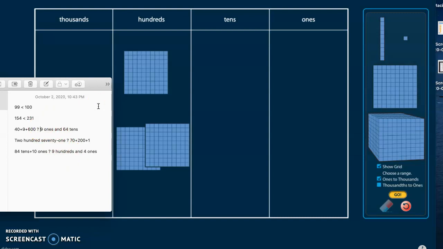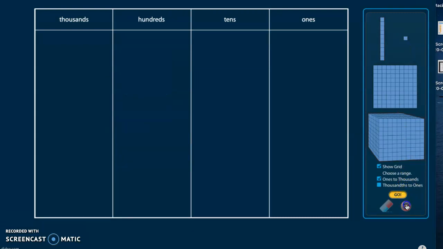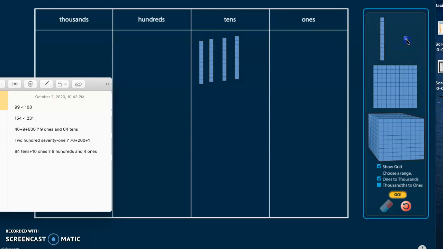So this next one we need to build this number. So we need 4 tens, right? 1, 2, 3, 4. Then our next number that we need is 9.